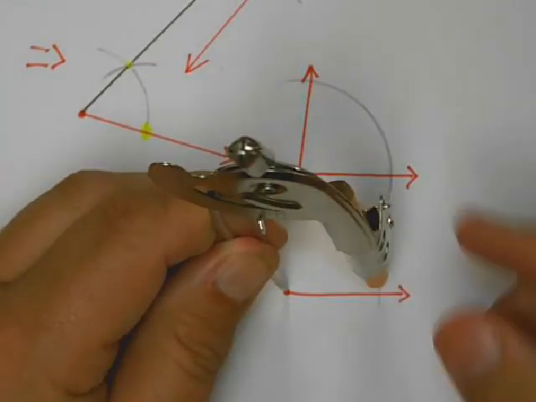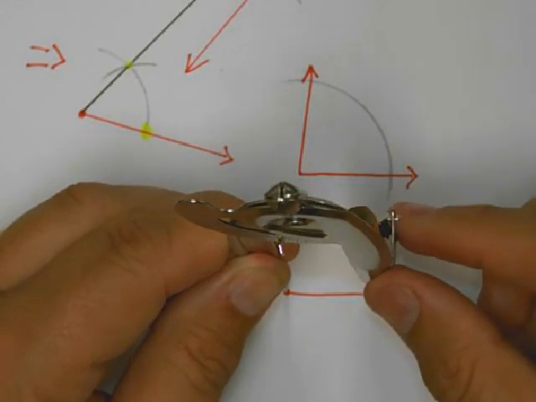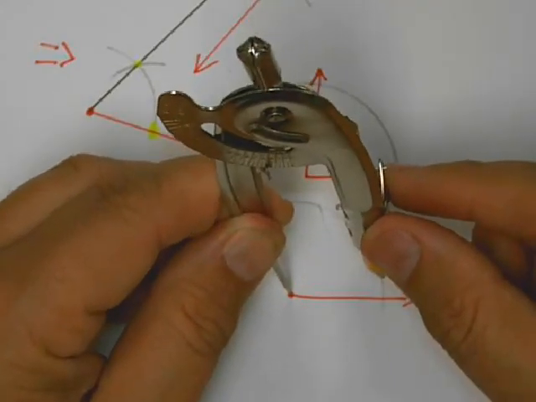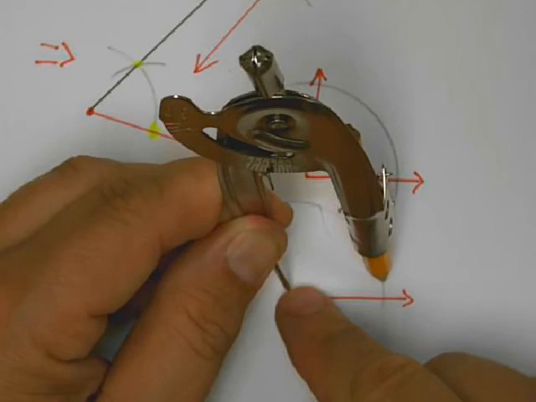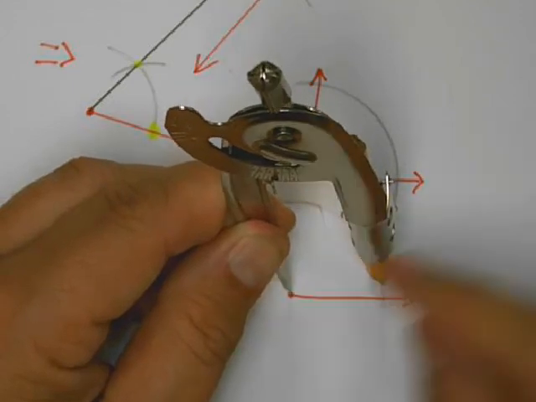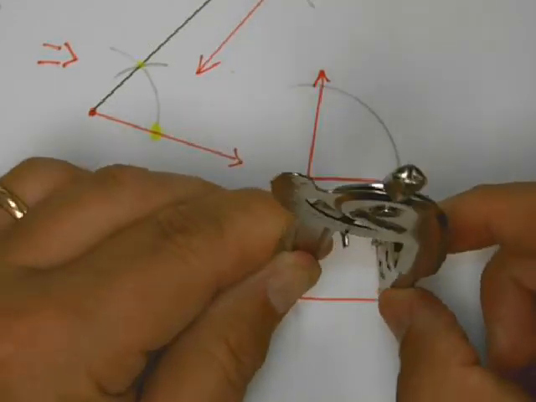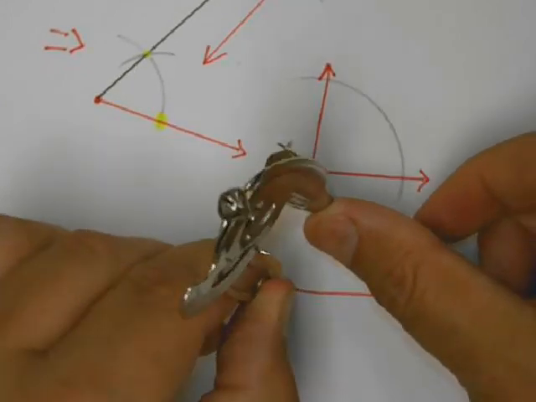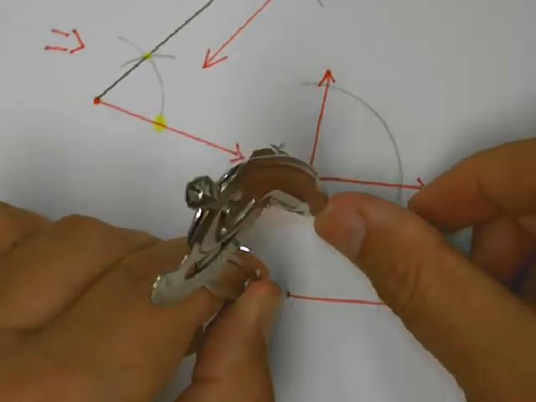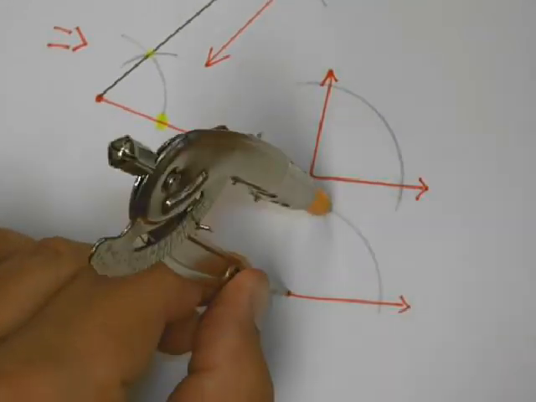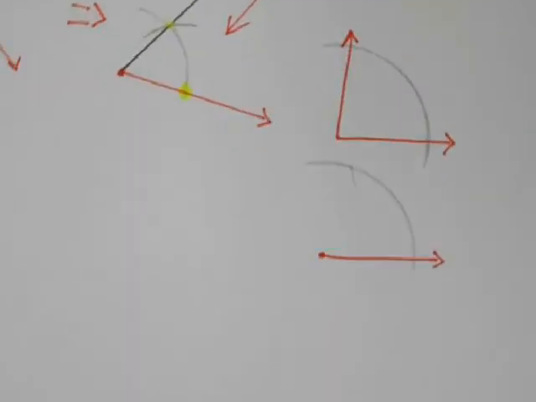So some people like to do it like this. Now my hands look like they're in the way, but they put one hand down here to hold it down and the other hand here, and they kind of push it. So some people like that. Okay, so there we are.